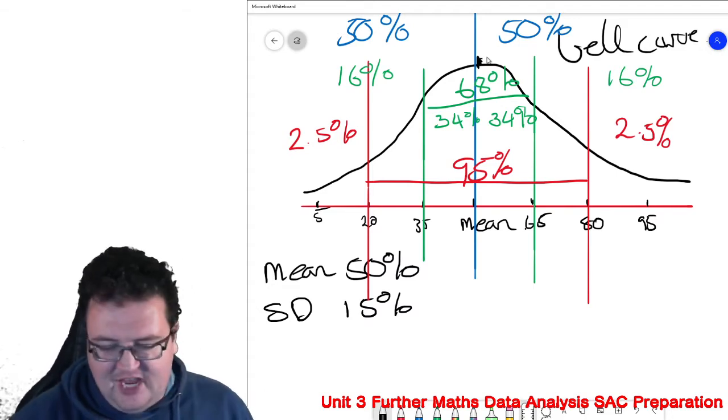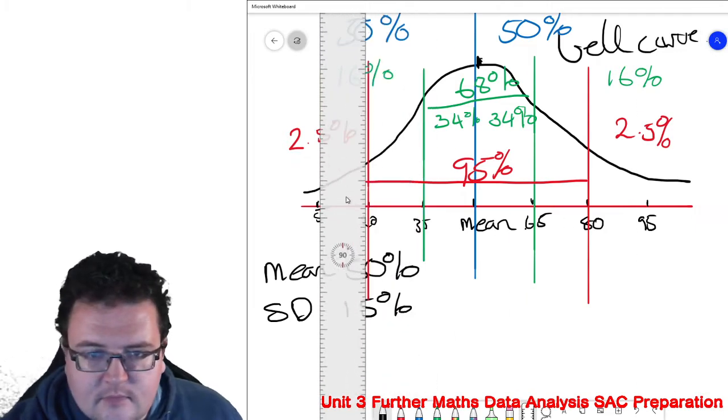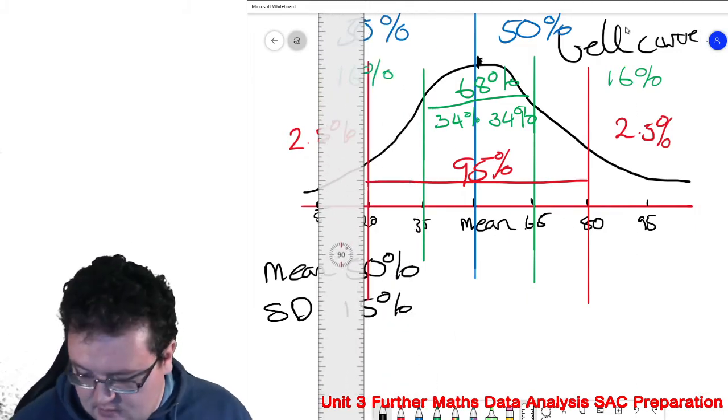3 standard deviations, which we're going to do in black.